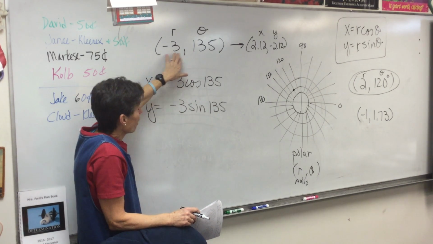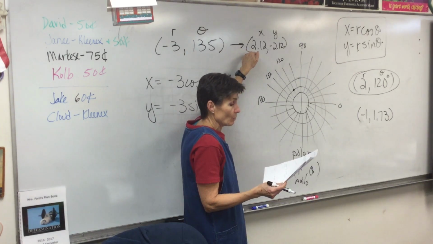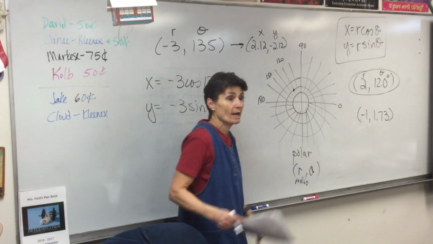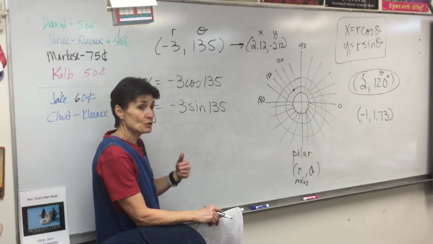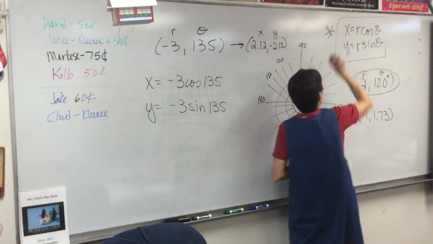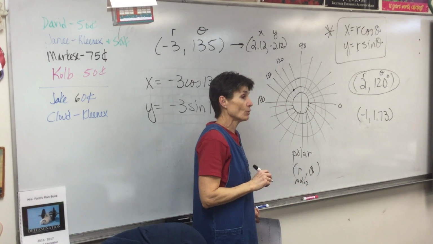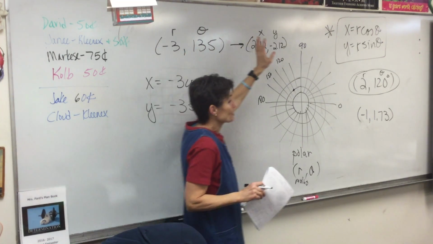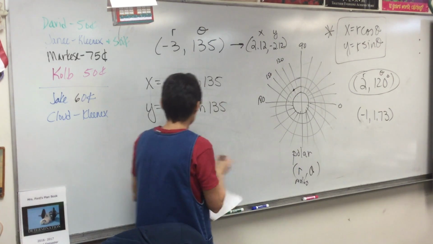So we have an r and a theta. And we're changing those into rectangular coordinates, which are x, y. And to do that, we're going to use these two, they're called conversion equations, because they convert you from polar into rectangular.